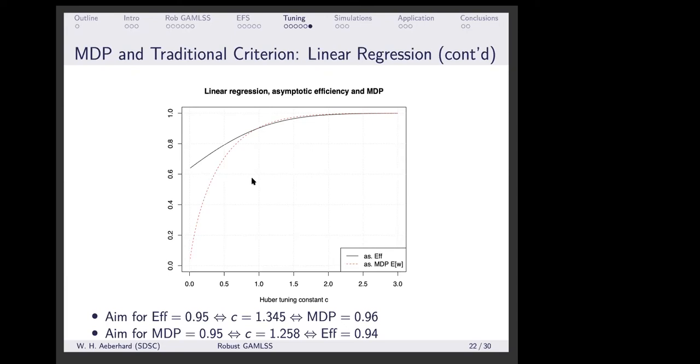Conversely, if you're targeting a certain MDP, there is just one value of C that will correspond to it, and one and only one efficiency that corresponds to it. So this one-to-one mapping between the two criteria is really the main justification. Of course, we've developed this for a non-parametric setting where the efficiency is not really meaningful, but we just realized that the MDP could be used also in parametric settings and would probably lead to the same results.